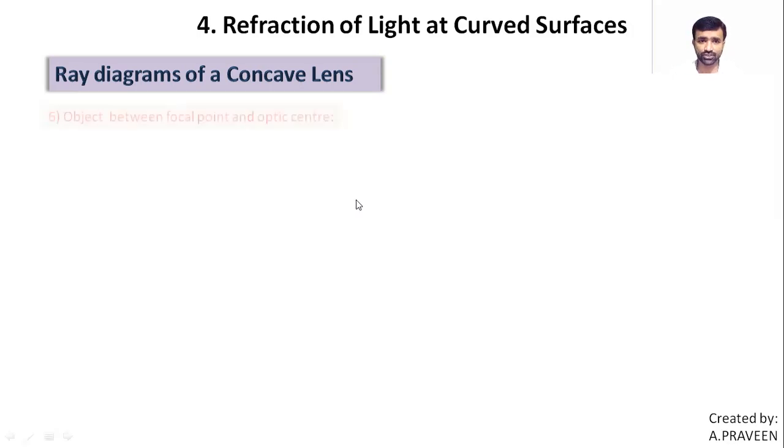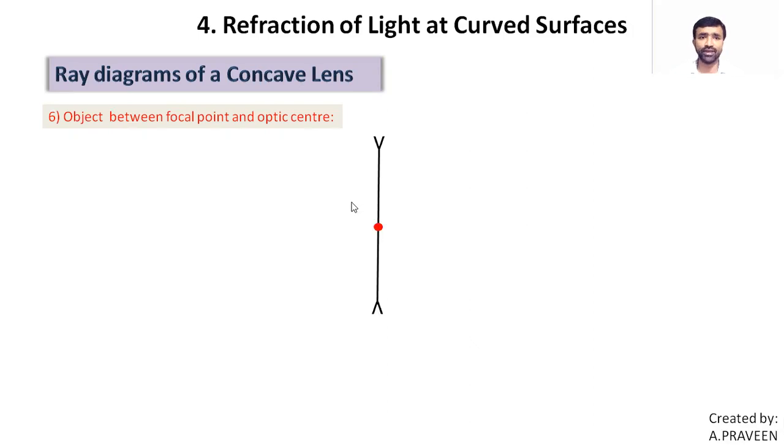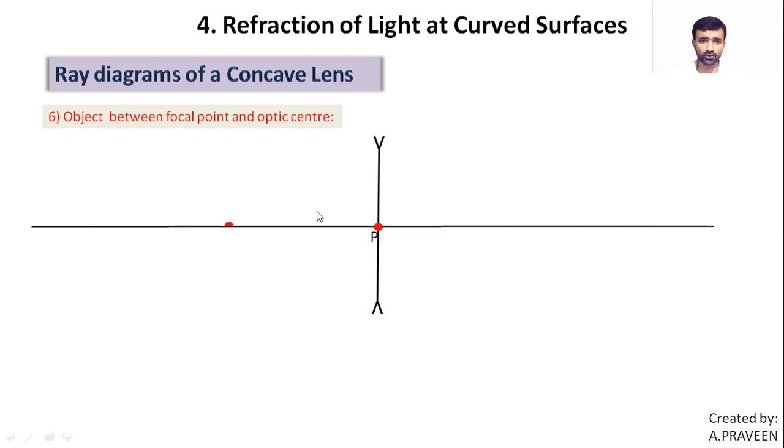So once look at this, here the object is placed between pole and focus, or focal point and optic center. For that, you are following the logical rules: identifying the center of curvatures and the focal lengths, then placing the object facing upward direction above the principal axis, then selecting two rays from the top of the object. One is parallel to the principal axis and the other is passing through the optic center.